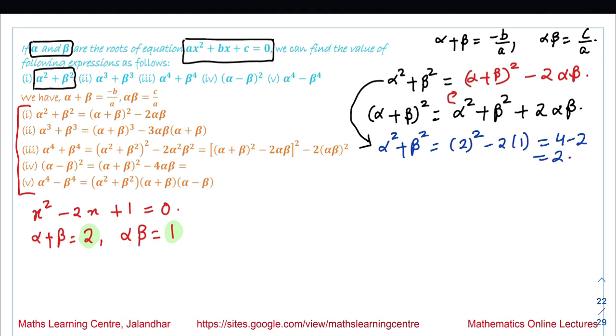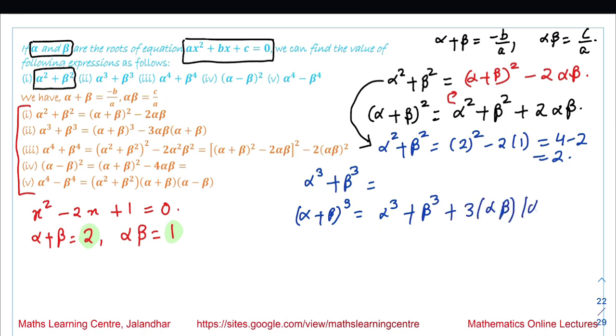If we have to calculate the value of alpha³ + beta³, the formula we are going to use is (alpha + beta)³ = alpha³ + beta³ + 3 alpha beta (alpha + beta).